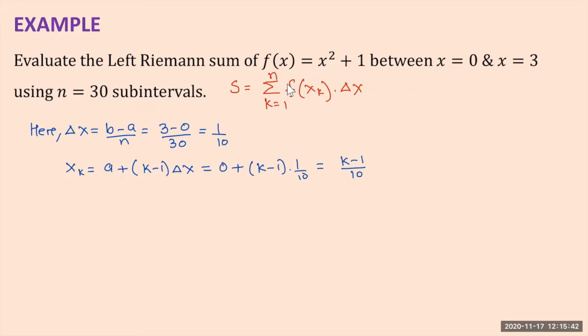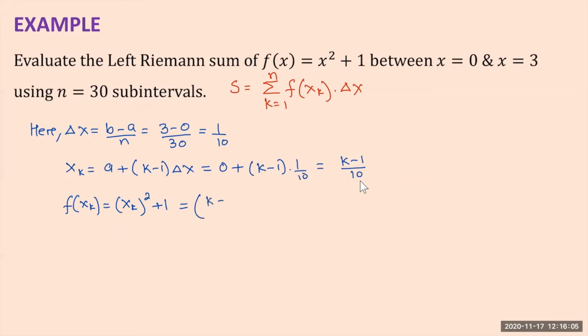Now I need f of xk. f of xk is equal to, our function is x squared plus 1. So it will be xk squared plus 1, which is equal to, xk we got here, it's k minus 1 over 10.